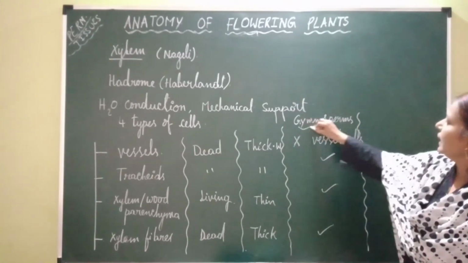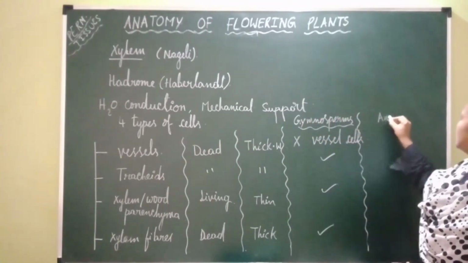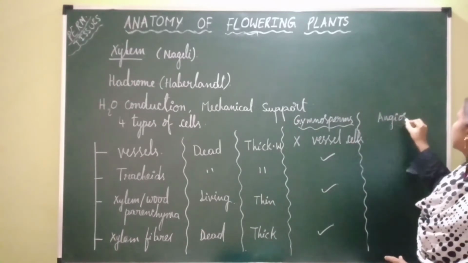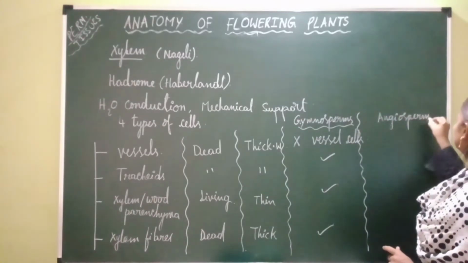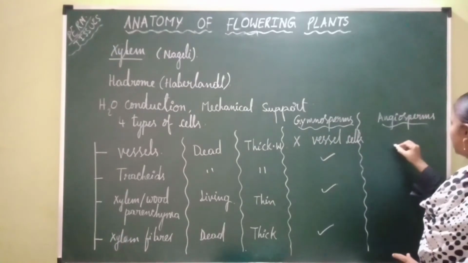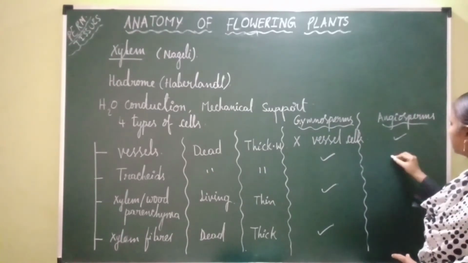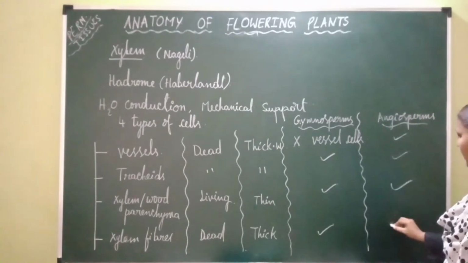Next coming to angiosperms. In angiosperms, all these 4 components of the xylem are present. They are vessels, tracheids, xylem parenchyma and xylem fibers.